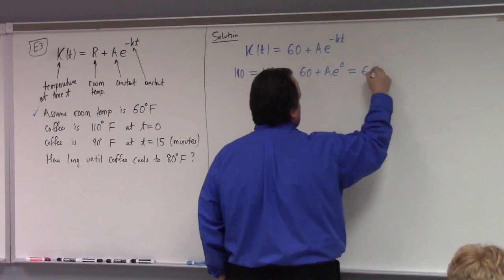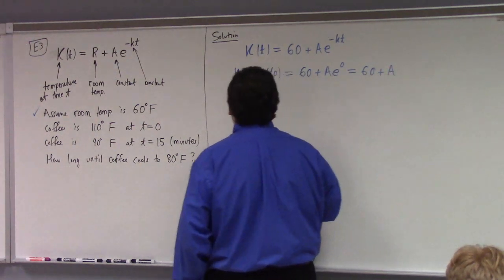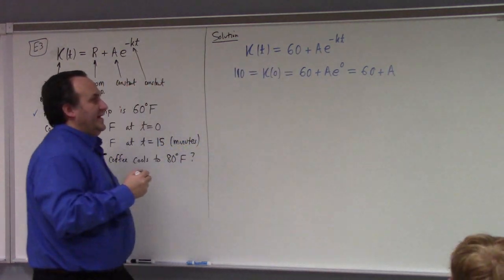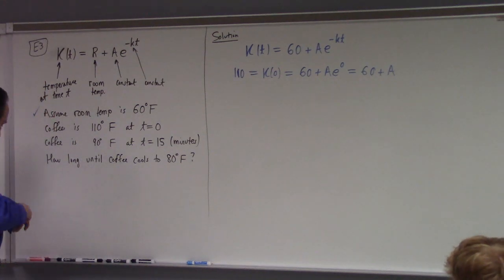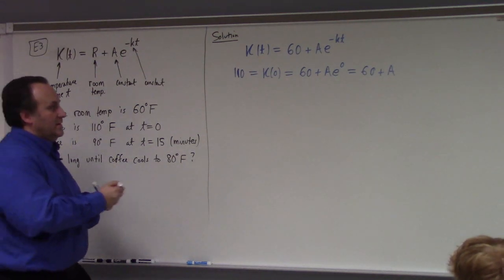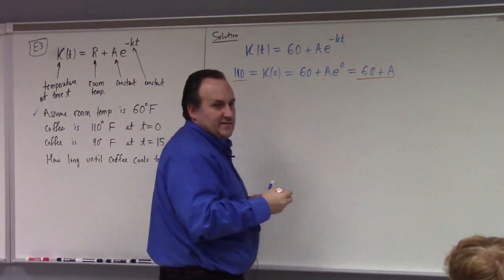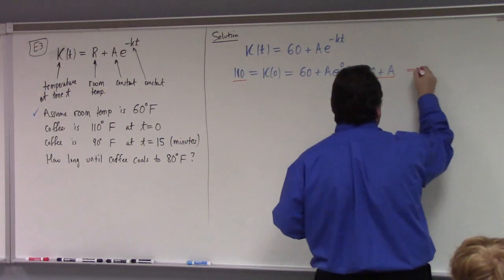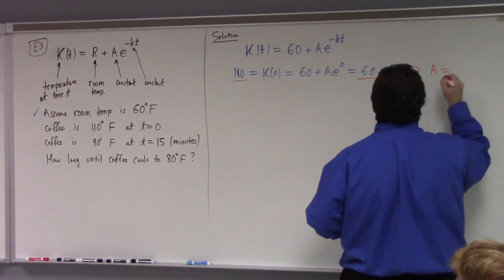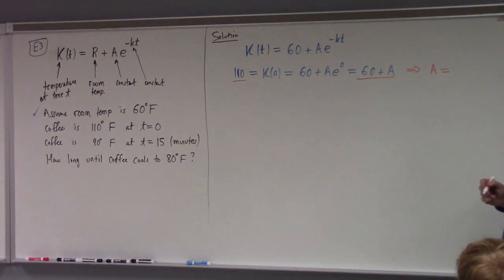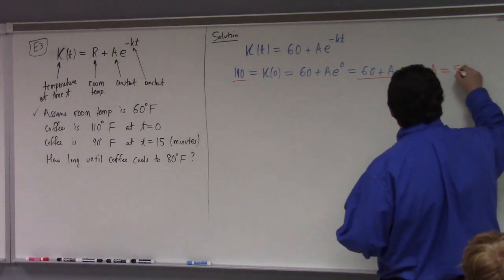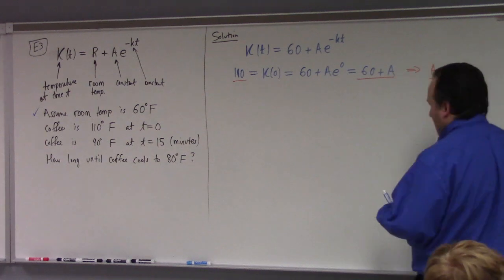So 60 plus A. Oh, hey, we can solve that, right? If we got 110 is equal to 60 plus A, what's that tell us A is equal to? 110 minus 60, 50. A is equal to 50.